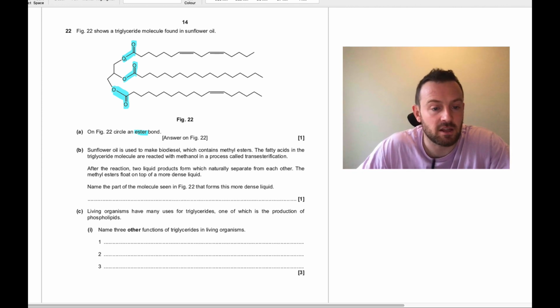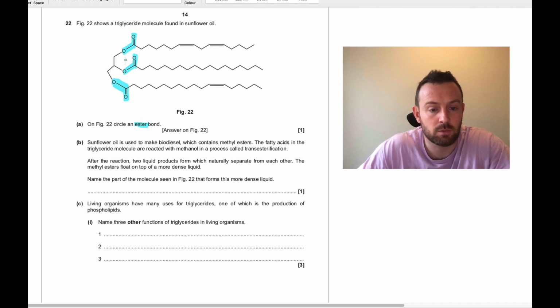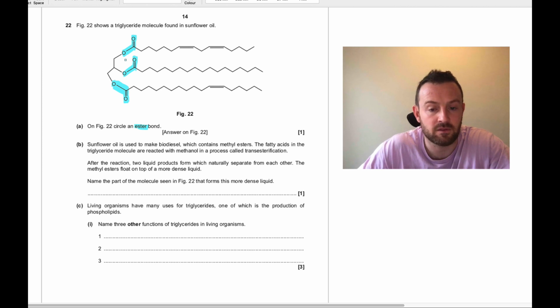Okay, B. Sunflower oil is used to make biodiesel, which contains methyl esters. The fatty acids in triglyceride molecule are reacted with methanol in a process called transesterification. After the reaction, 2 liquid products form which naturally separate from each other. The methyl esters float on top of a more dense liquid.